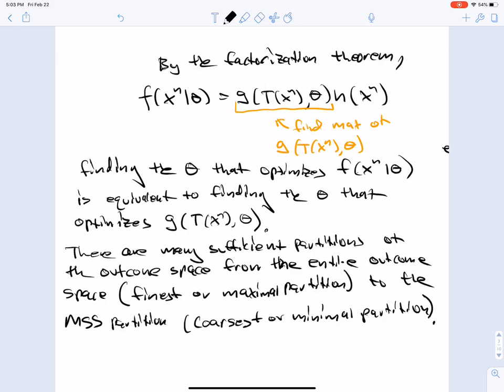So there are many sufficient partitions of the outcome space, from the entire outcome space, x1 to xn, which is the finest or maximal partition, to the MSS partition, which is the coarsest or minimal partition.